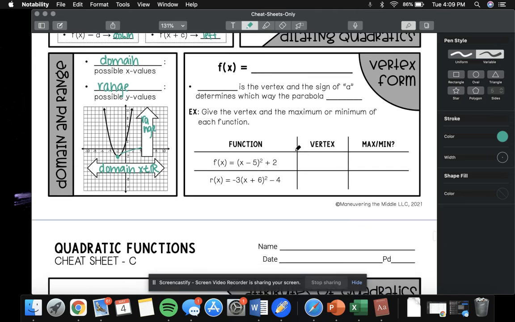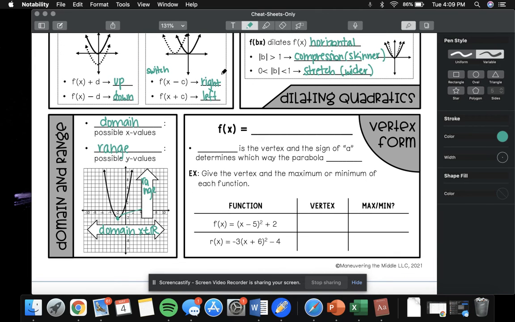And then finally, we talked about vertex form. So again, we don't have to memorize vertex form. It's already given to us, but it's a times parentheses x minus h squared plus k, where h, k is our vertex. And the a value determines which way the parabola faces.